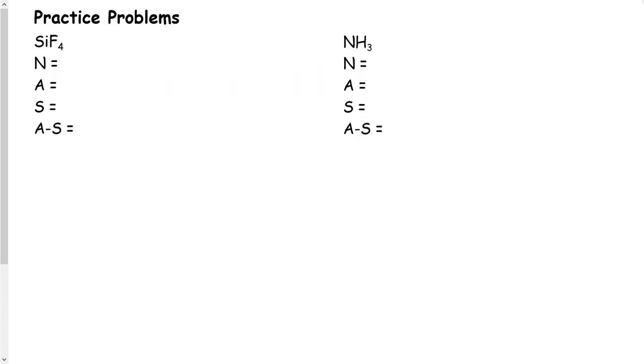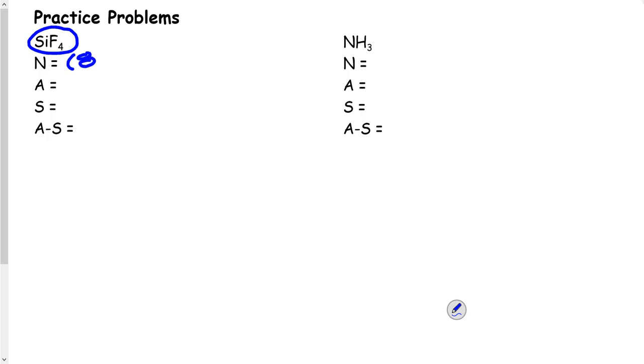So as we look at our first set of practice problems, my first example is the element silicon with fluorine, so SiF4. As I look at Si and the element F, they are not my exceptions. Instead, they're just regular numbers that we're going to utilize the multiplier of 8. So to calculate N, I'm going to take my multiplier of 8.